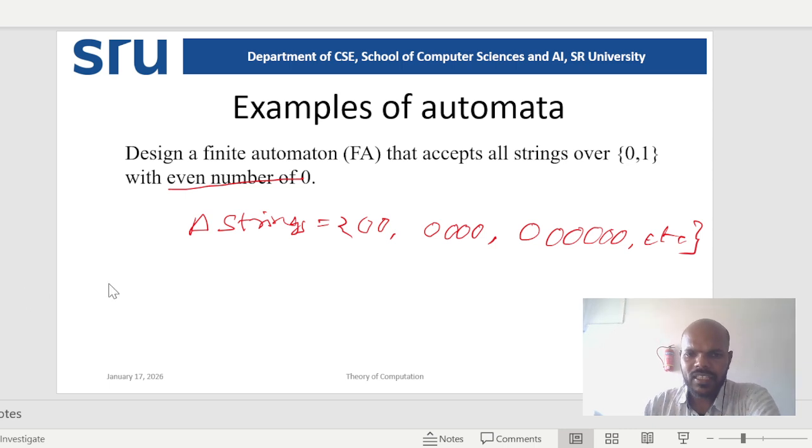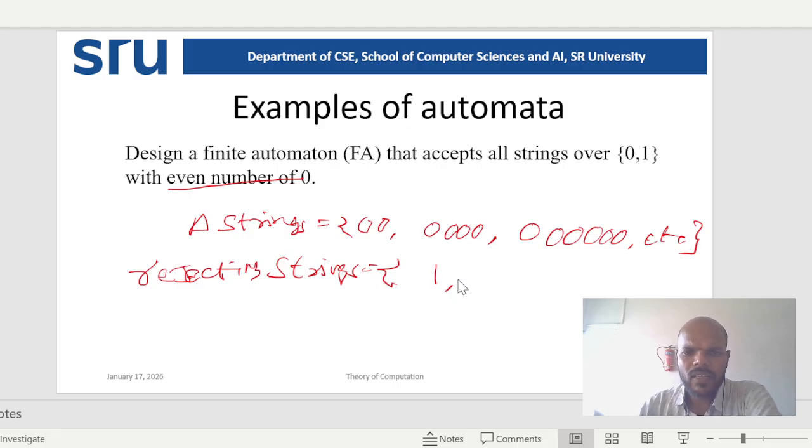Now write some rejecting strings. So what are the rejecting strings? Then write 1. If it is 1, should it accept or reject?